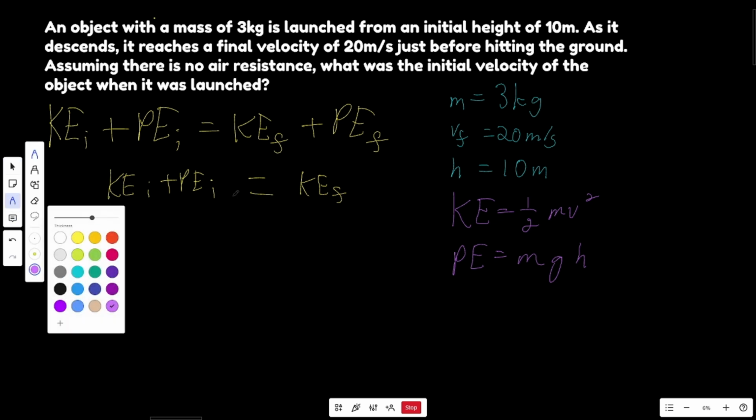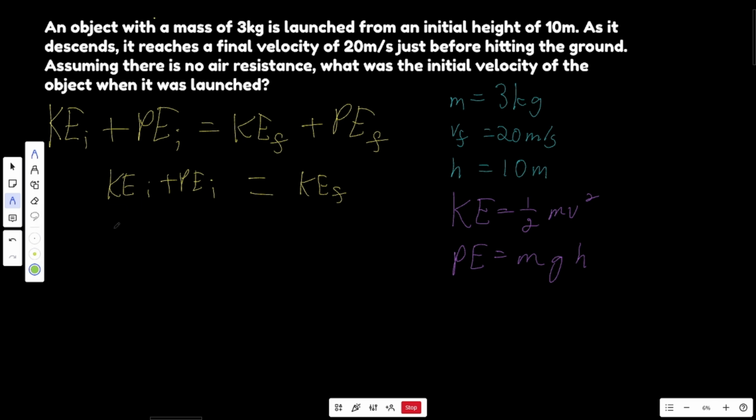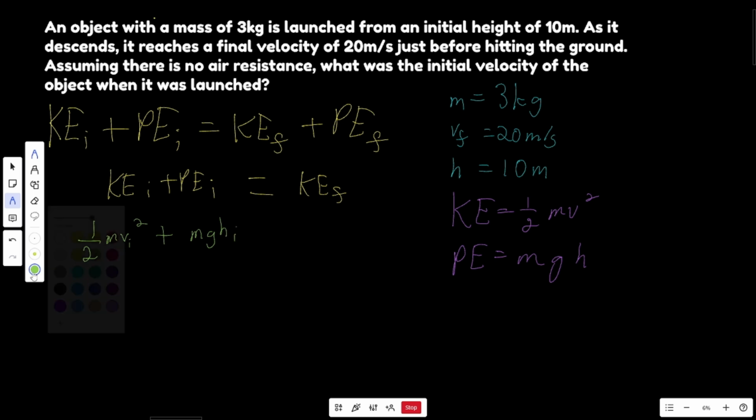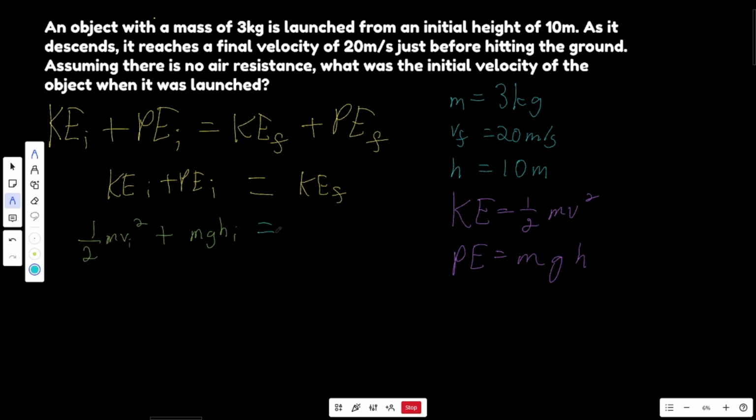Let's switch these values into their other formula form. So KEI is equal to 1/2 mvi squared because of the initial, plus mghi. Next, we also know that this is equal to 1/2 mvf squared.